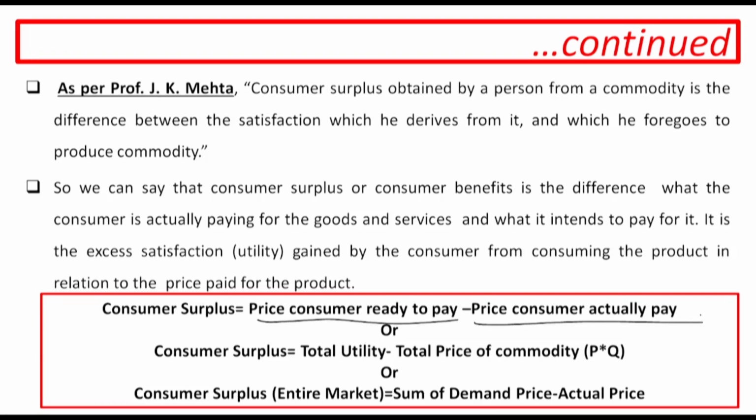Second, you can say total utility minus total price of the commodity. Total price of the commodity means price into quantity. If you have to find the overall consumer surplus of the market, then the formula will be demand price minus actual price. So, in totality, it is the basic objective of every consumer to maximize their benefit.